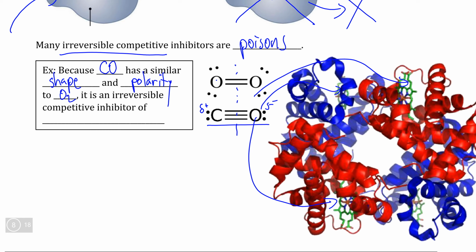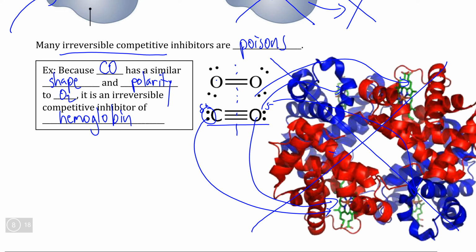But the fact that their polarity and shape are similar enough between each other means that carbon monoxide can actually bind to the oxygen binding sites that we see on hemoglobin, and when it does, this lone pair that is attached to carbon will actually permanently attach to the oxygen binding site and therefore render hemoglobin useless because it is no longer able to pick up oxygen, and there is no way to get a carbon monoxide molecule off, meaning that this hemoglobin molecule will have to be broken down and a new one will have to be made.